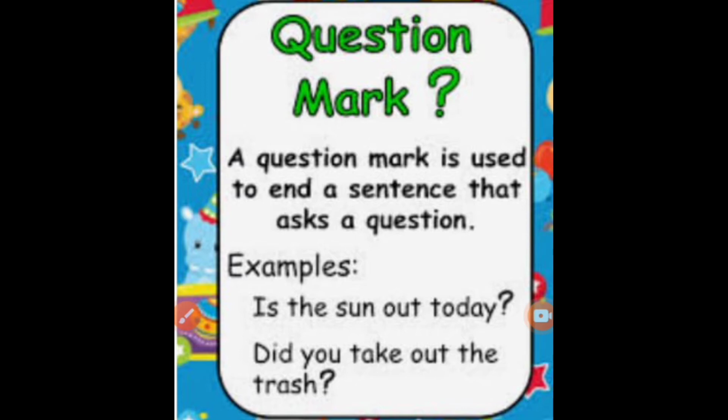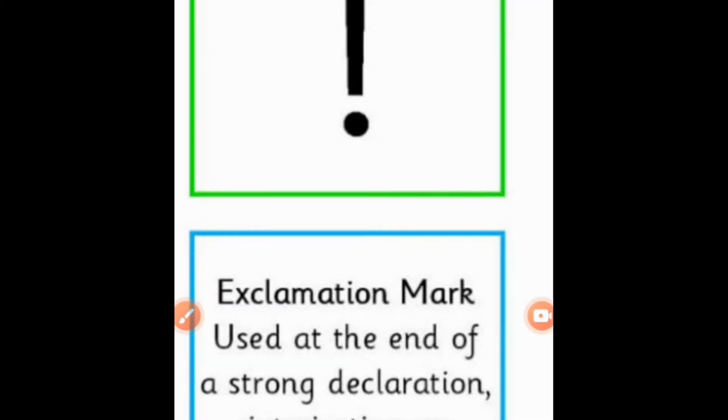Now let's see the last one for today, which is exclamation mark. Exclamation mark looks something like this. An exclamation mark is used at the end of a strong declaration, interjection or command. It shows strong emphasis or strong emotions, or we use an exclamation mark to give a command.